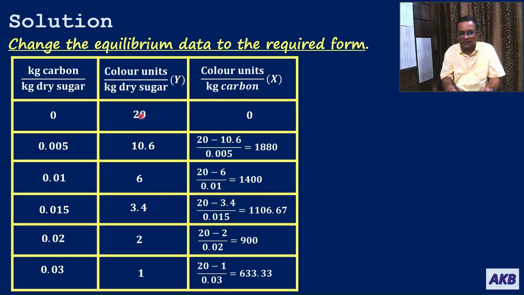And finally 20 minus 1 divided by 0.03, which is 633.33. So now you have all the values of X, and we have all the values of Y in this column, and all values of X that are in equilibrium with the Y values. In this way, we have converted the given data to capital Y and capital X.